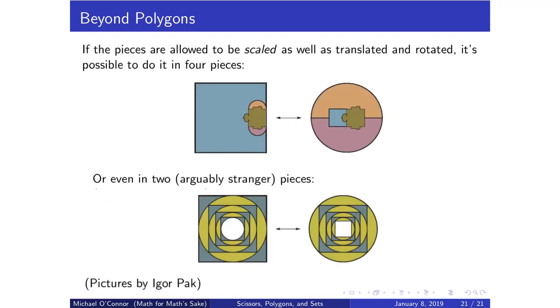Okay, and what if you say this translation and rotation is too restrictive, too hard. What if I allow my pieces to be scaled instead? Now it turns out you can do it in 4 pieces. So here's this square, and here's one piece, this blue thing, this brownish thing, this purple thing, and this orangish thing.